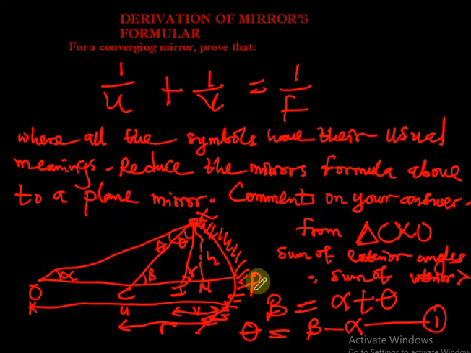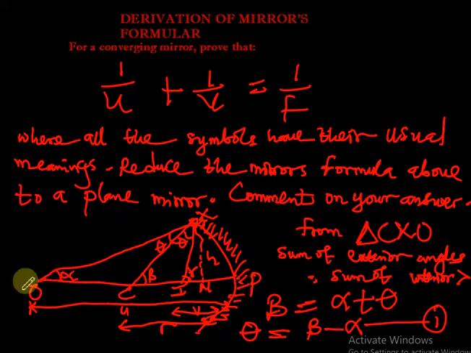XN over ON is for that triangle, then XN over OP completely. Now that is for XON.